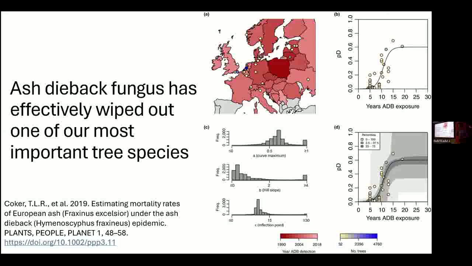This analysis is a best guess as to what fraction of trees are killed after, I mean, you guys at the back won't be able to see this probably, but it's estimating that after 15 years of the pathogen being in a country, it's reached about 60% mortality, and there's really no indication of a leveling off, okay?